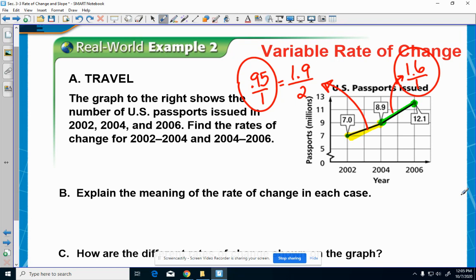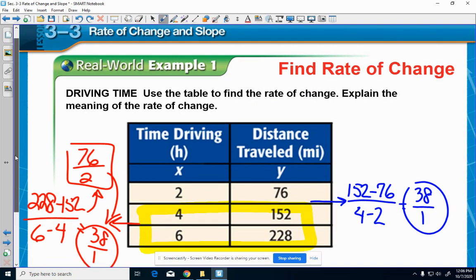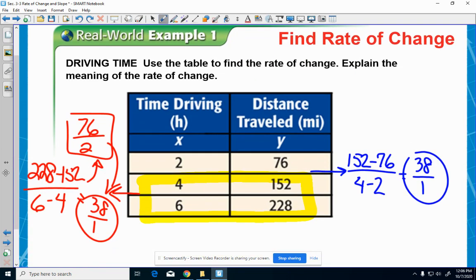So let's go back to these two for a second. One of these two examples is a rate of change. One of them is a slope. No, you are correct. This one here represents a rate of change, or excuse me, a slope.